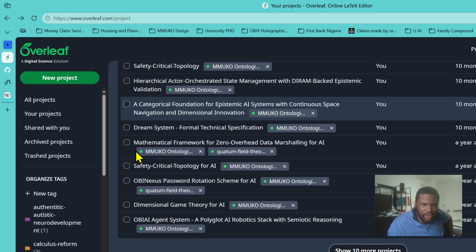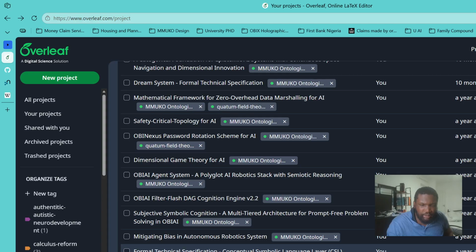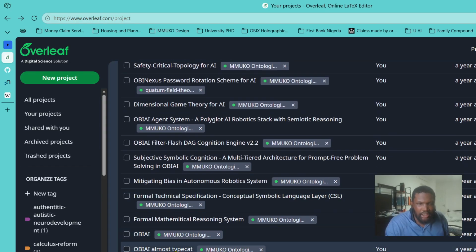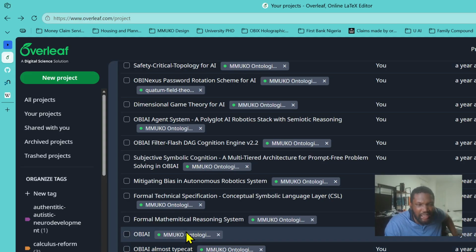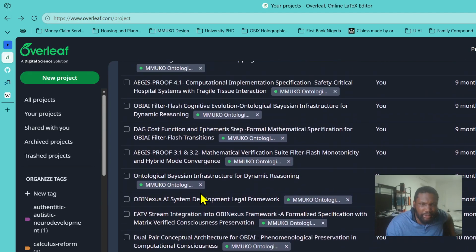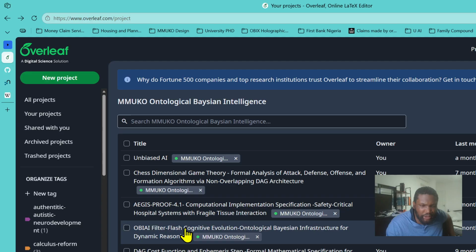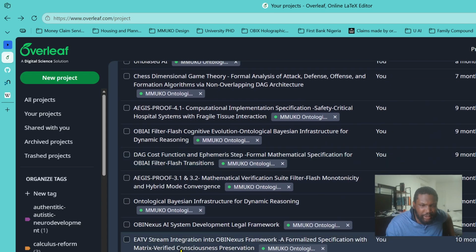This is all my work on the projects of the Muko ontological framework. Some of them are named badly, but they are real systems that can be put into real-world models to ensure that they work as intended. They are real frameworks. So I'm going to be reading some of them.